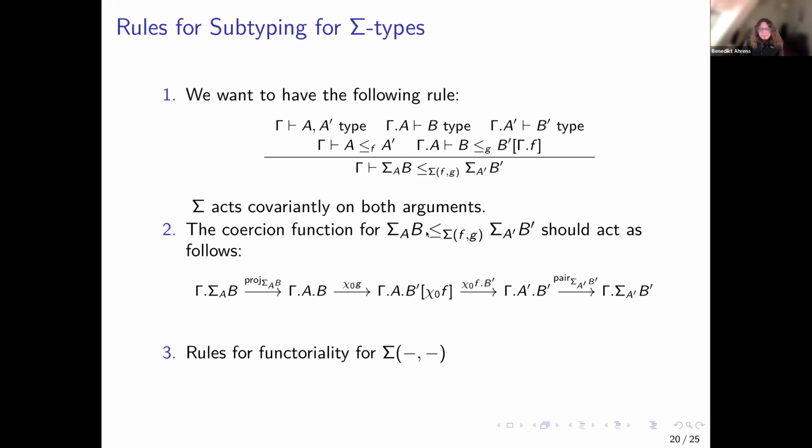And then once we have such a functorial action, of course we want to express also that it is functorial, meaning that if we have an identity here and an identity here, sigma of the identity and the identity is again mapped to the identity, and the same for composition. And this requires some compatibility isomorphisms left and right, because otherwise it will not type check.